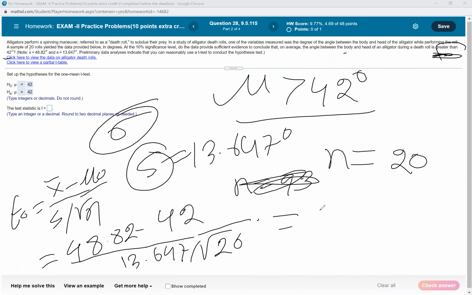Yeah, this is the test statistic. So this is 48.82 minus 42 divided by 13.647 over square root of 20.